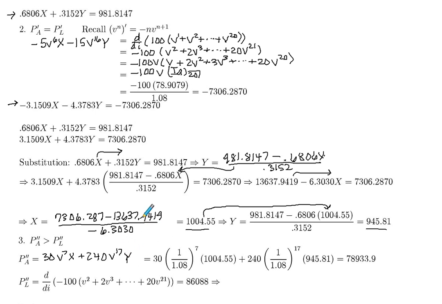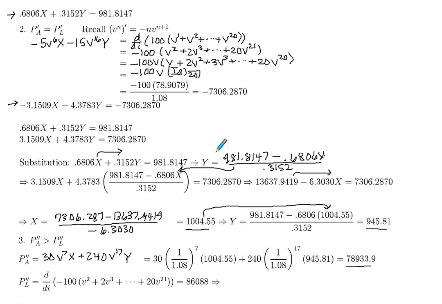And now we can just plug in for v, x, and y and evaluate the second derivative of the asset cash flows. So 1 over 1.08 to the 7th power, 1 over 1.08 to the 17th power, and then I plugged in my x and y. We get 78,993.